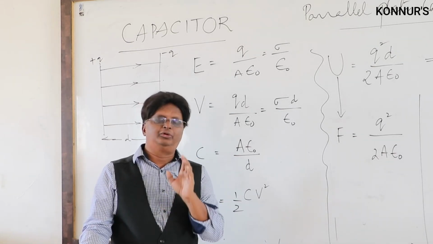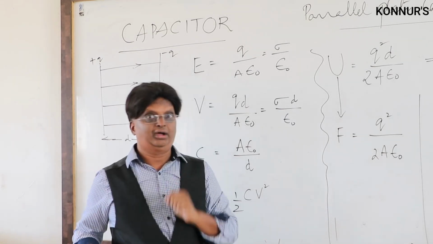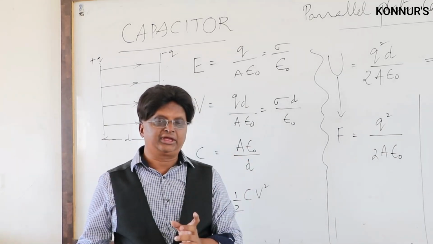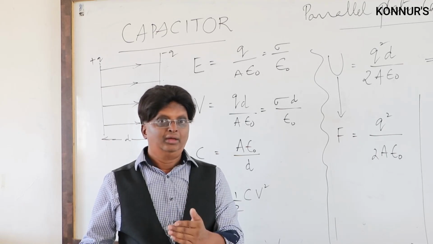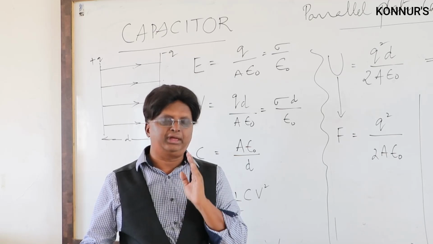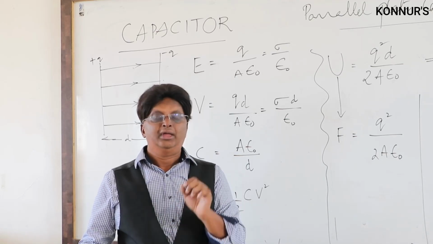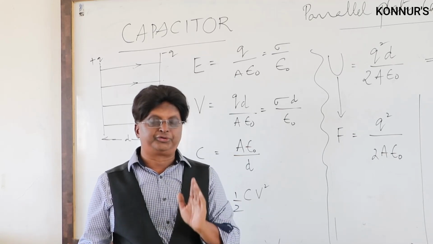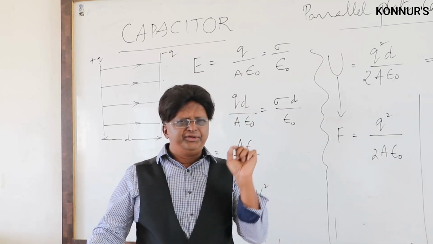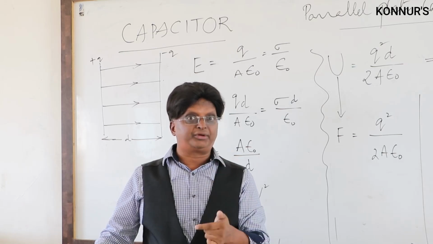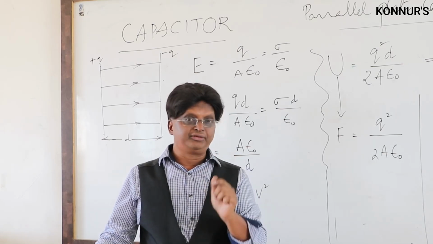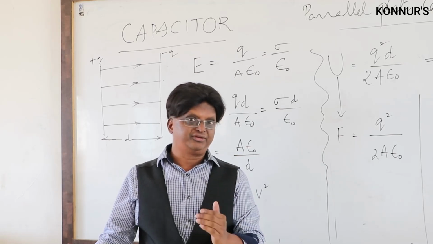Remember, a capacitor is not a device that stores charge. Never should we say that. In fact, what is the net charge inside a capacitor? It is always zero. Why? One plate has plus Q, the other has minus Q, so net charge is zero. It is not a device to store charges, but a device used to store energy. We produce intense electric fields at low potential. That is the beauty of a capacitor.